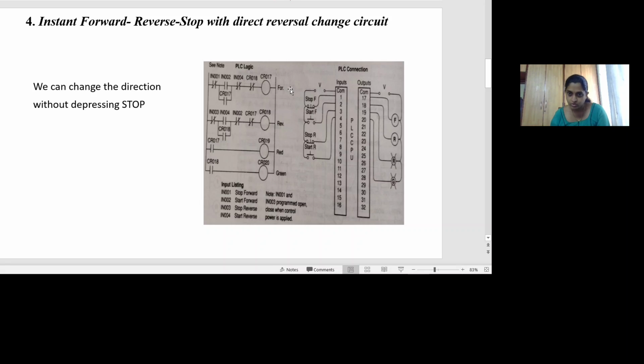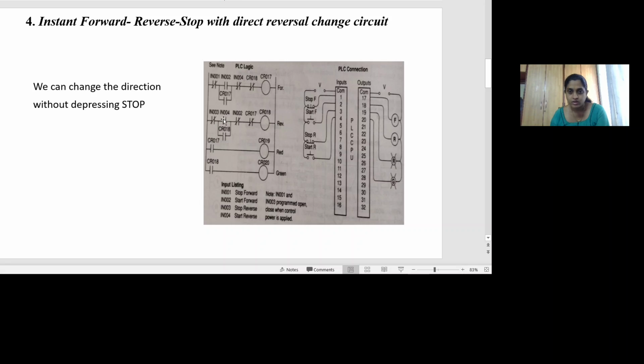So we went through how to start the operation. We have started the motor in the forward direction. It remained in the forward direction for a certain amount of time. Then I changed the direction to reverse without operating the stop switches. I simply energized the start switch in the reverse direction.